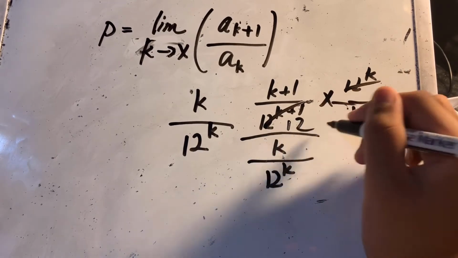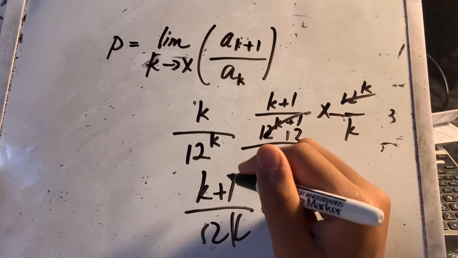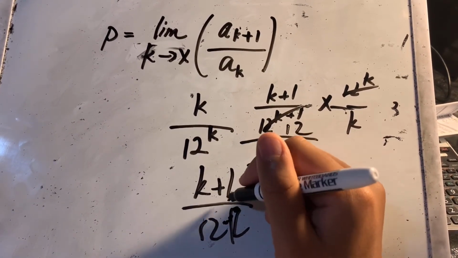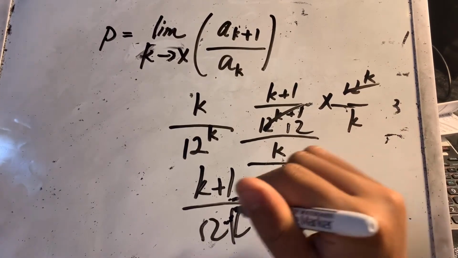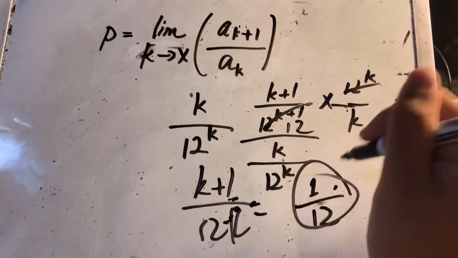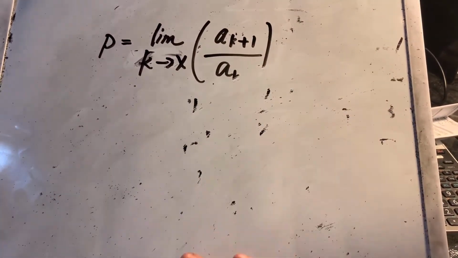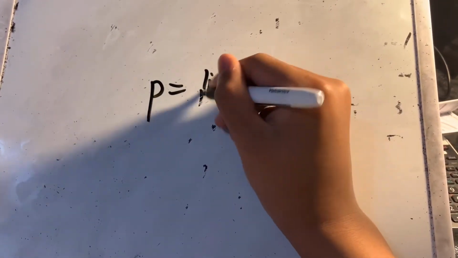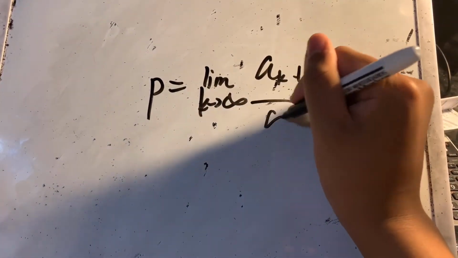So it's 12k plus 1 divided by 12k. It is definitely going to converge to 0. So this converges. So this is just the way we use the ratio test, which recall the formula AK plus 1 over AK.